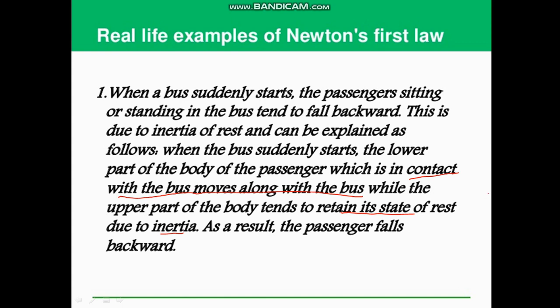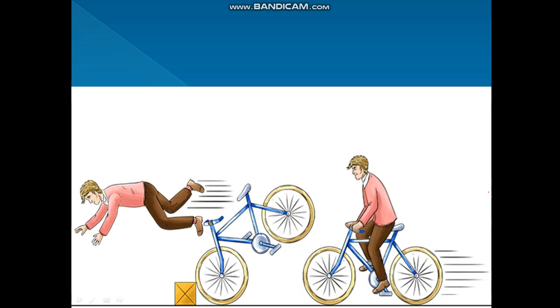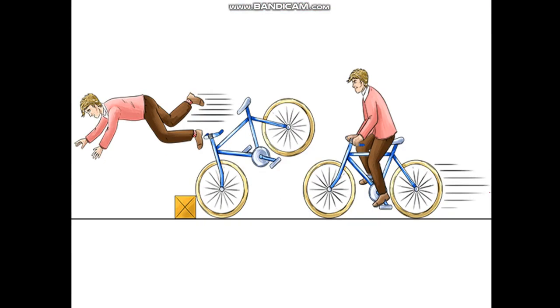And if the driver suddenly gives a brake, then you all know you tend to fall forward. It will be a situation something like this. When someone is riding a bicycle and he collides with some kind of a rock in front of him, he tends to fall forward. Why will he tend to fall forward?